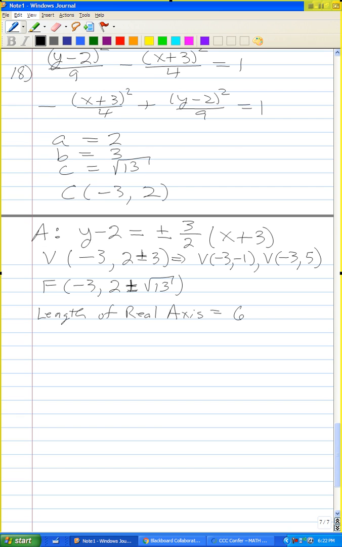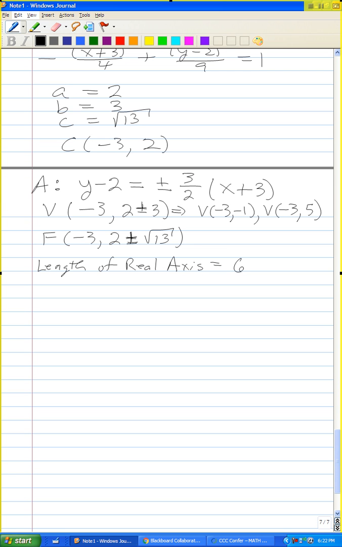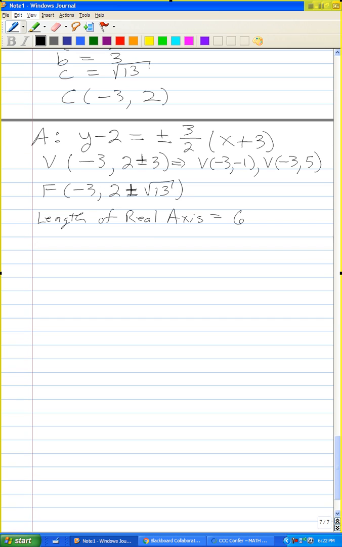Okay, so let's do this. So x, it is a little difficult on that end.